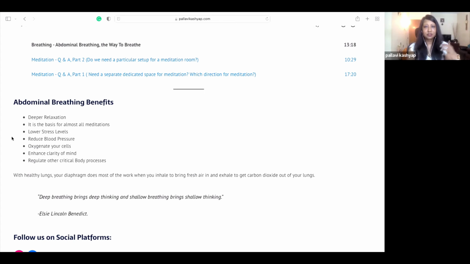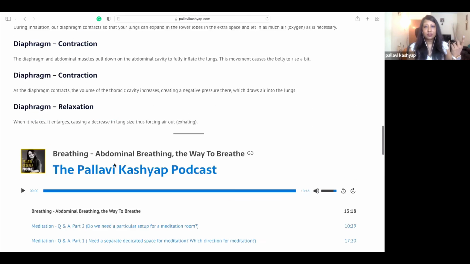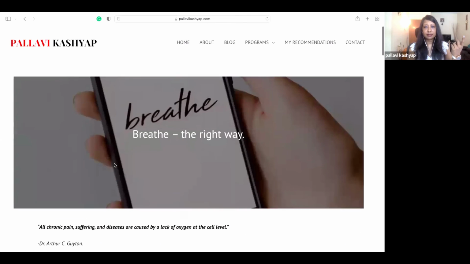So it is a good technique to first do a breathing exercise and then come to meditation. It is a good way to calm your entire body and senses. It lowers stress levels, reduces blood pressure, brings more oxygen to your cells, enhances clarity of mind, and regulates other critical body processes. So this was about abdominal breathing and how it helps.